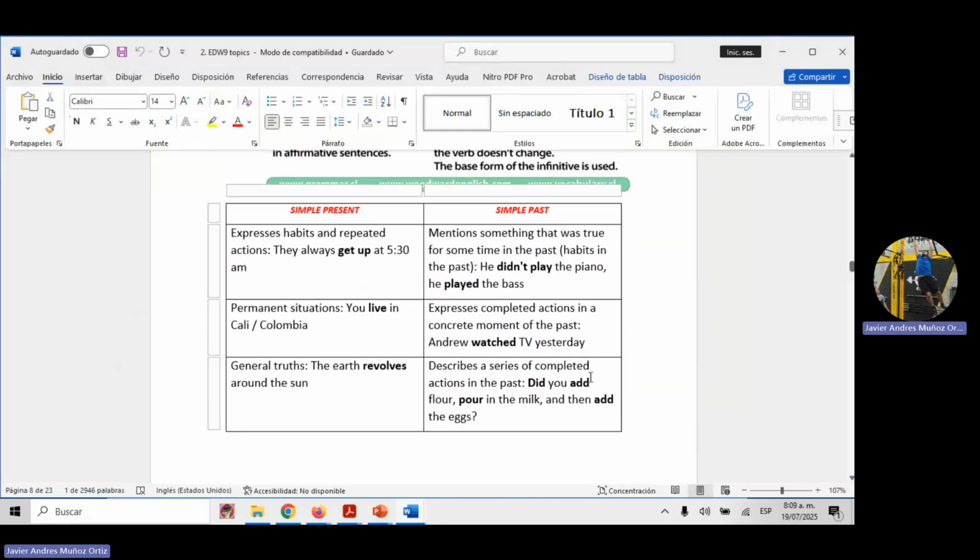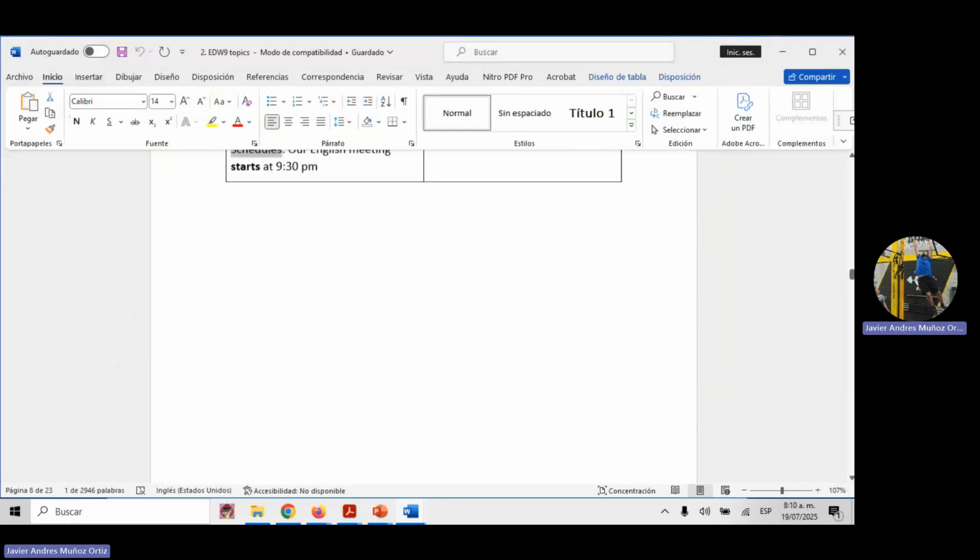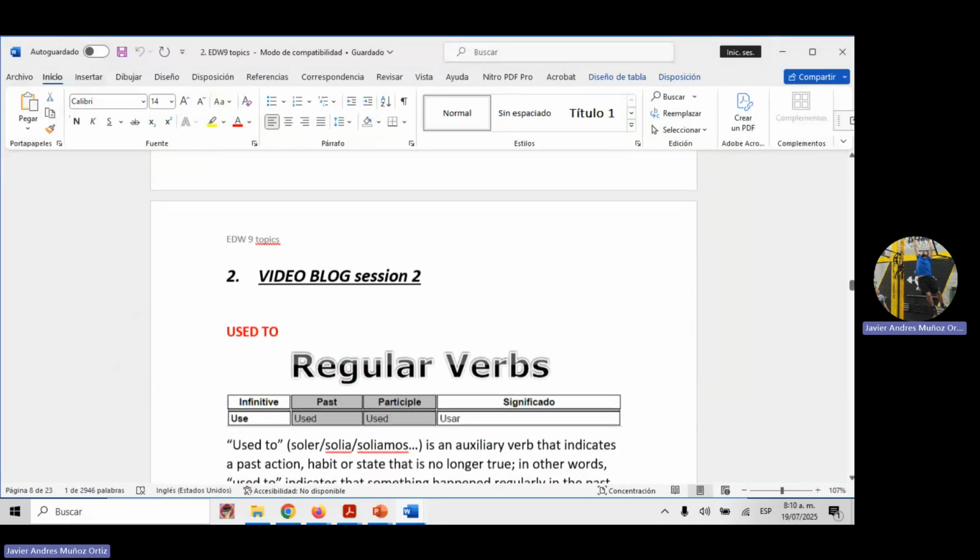And finally, we use simple past tense to describe a series of actions that started and finished in the past. So when activity number one finished, activity number two started, then activity number three, four, five, until the end of time. So this is what we did last time.